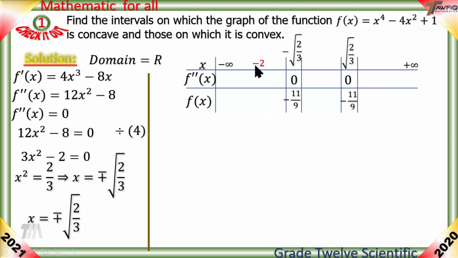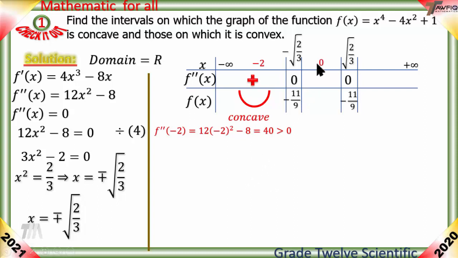And now take a point from minus infinity to minus square root of 2 over 3. Take minus 2, replace it in the second derivative. f double prime of minus 2 is equal to 12 times minus 2 squared minus 8, which is equal to 40, bigger than 0. That means it is positive and it is a concave interval.